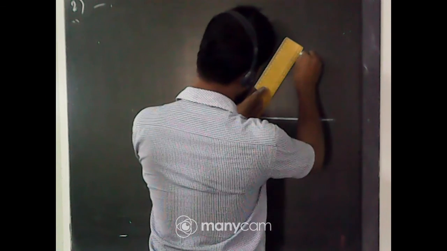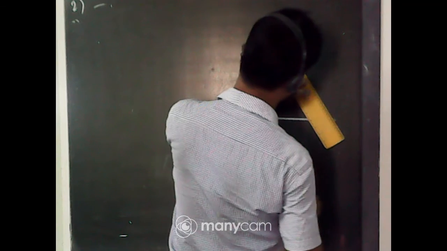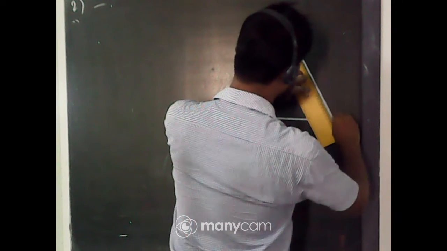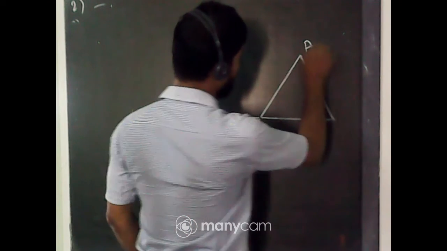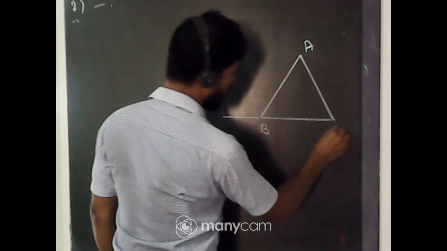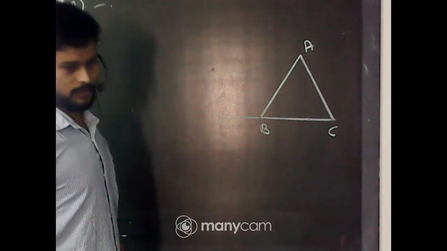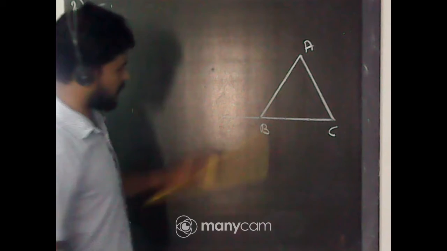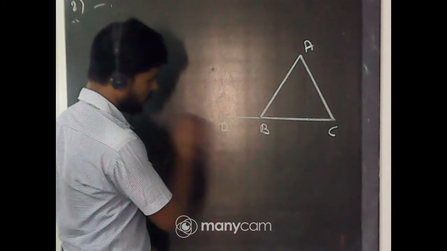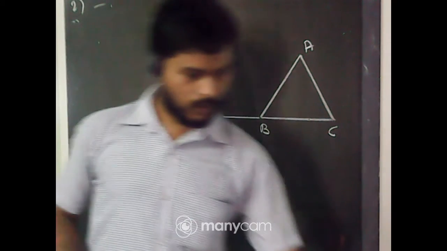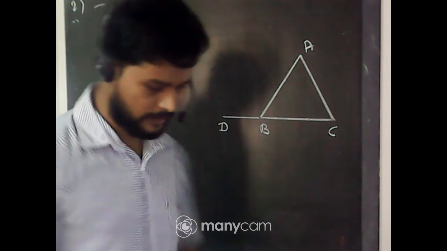We are giving the names A, B, and this point is C, whose side CB is produced to the point D.